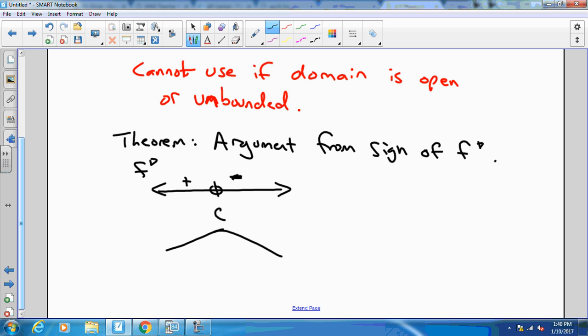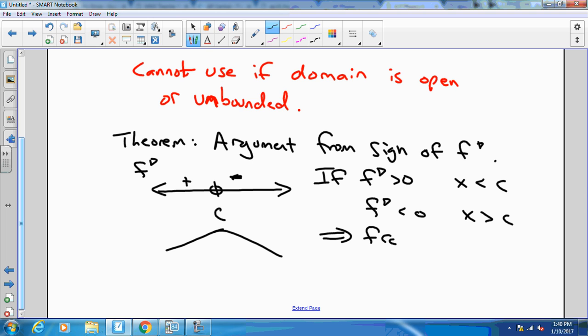And therefore, it is absolutely necessary that f of c is the absolute maximum value of the function. Why? Because f prime is positive for all x less than c, and it is negative for all x greater than c. And that is our argument from the sign of f prime.